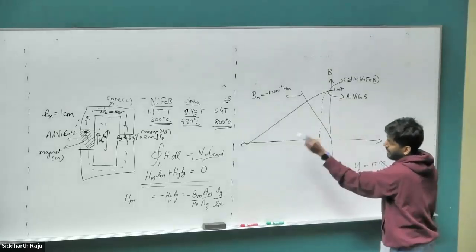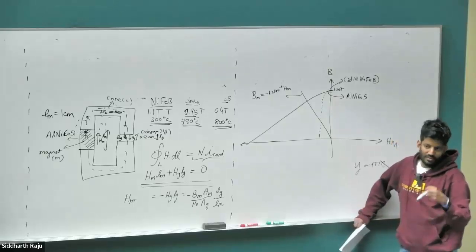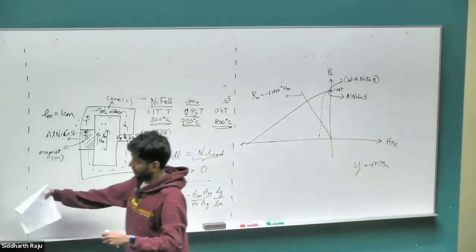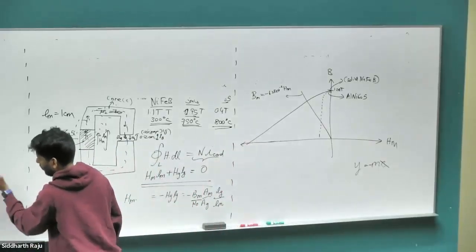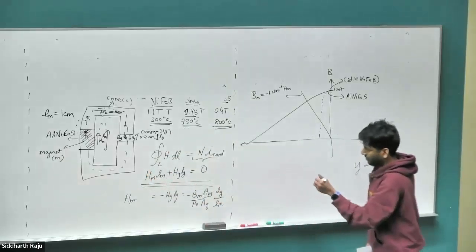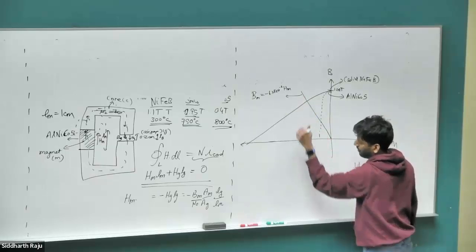So it's just going to be a line with a negative slope. The manufacturer will give you this data sheet which has this BH curve, and then depending on what air gap you have, the value changes, because Hm was a function of the air gap length. So depending on your circuit, this line's slope is going to change. If you have a very large air gap, the slope is going to come down.